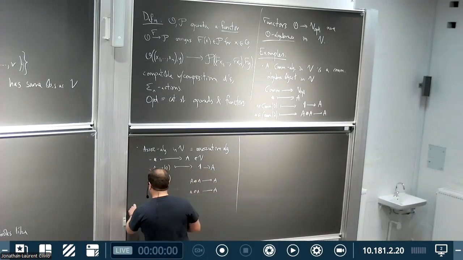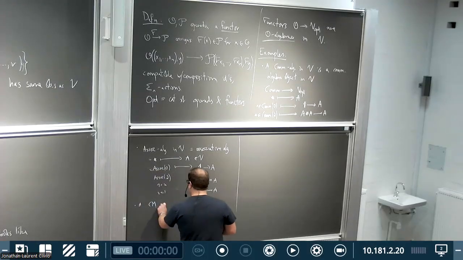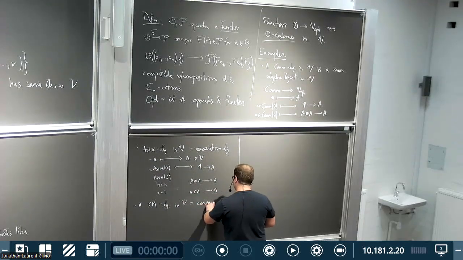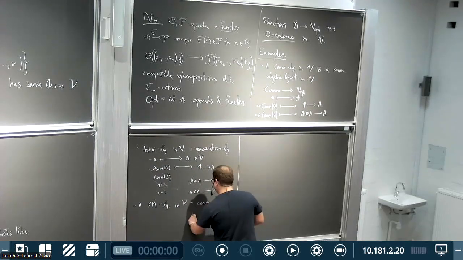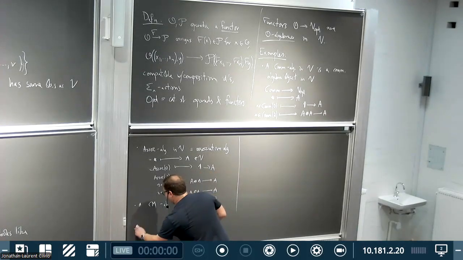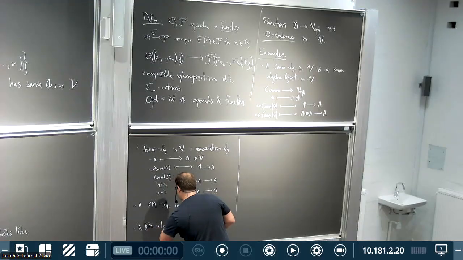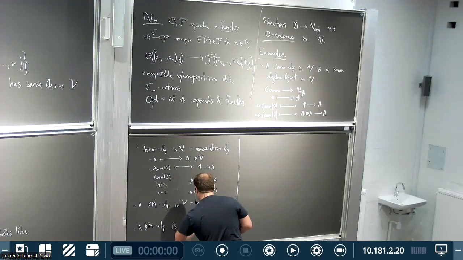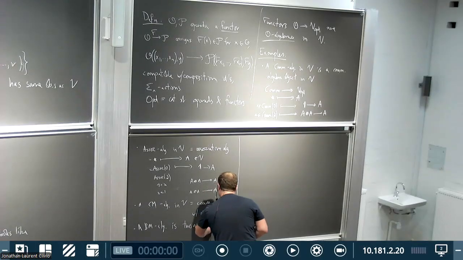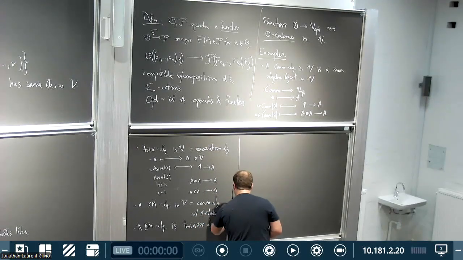Okay, and then a CM algebra is the same thing as a commutative algebra with a module. And a BM algebra is 2 associative algebras and a bimodule.